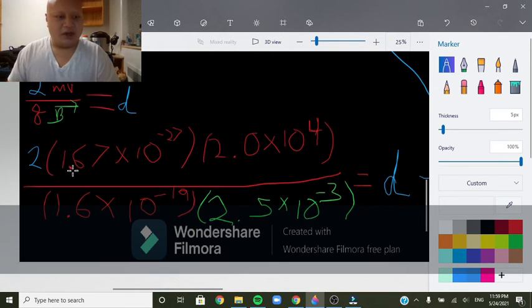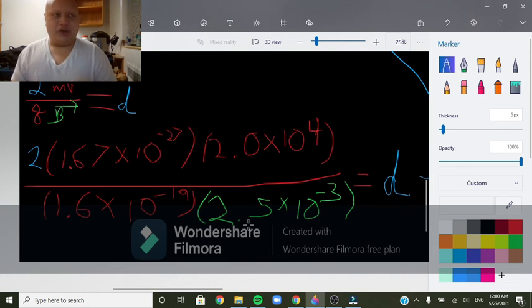The mass of the antiproton is the same as the proton, so it's 1.67 times 10 to the negative 27 kilograms. It's moving at a speed of 2.0 times 10 to the fourth meters per second. The charge of an antiproton is still 1.6 times 10 to the negative 19 coulombs. The magnetic field is 2.5 times 10 to the negative third teslas.